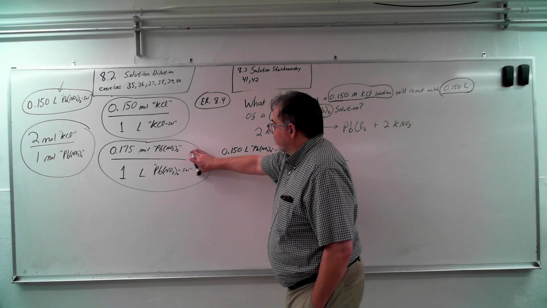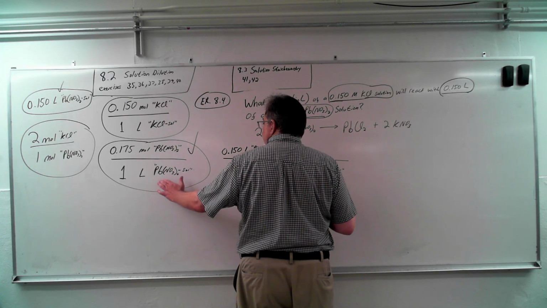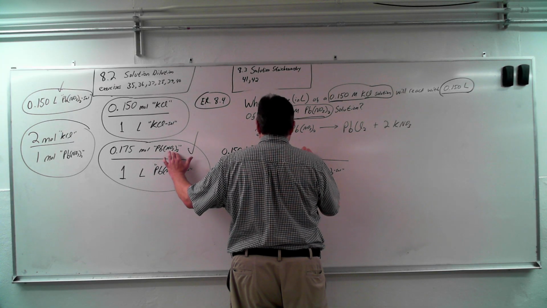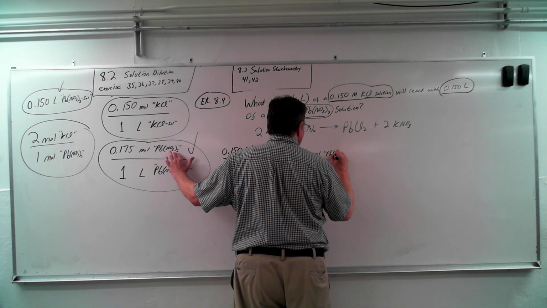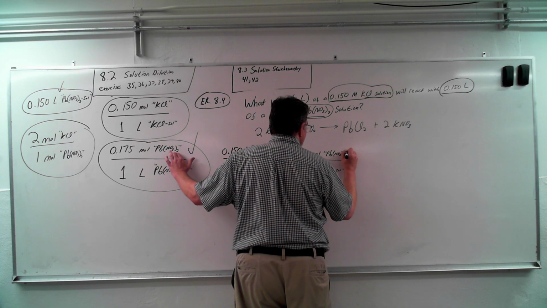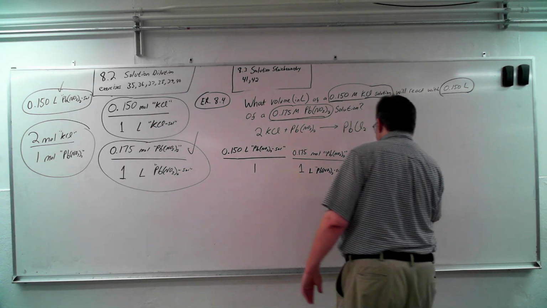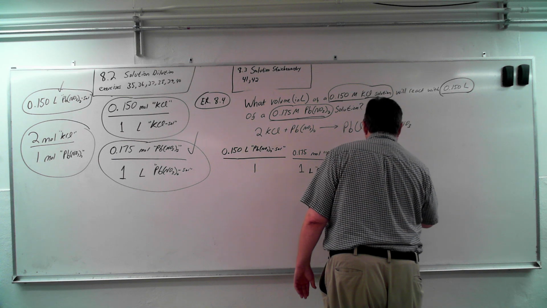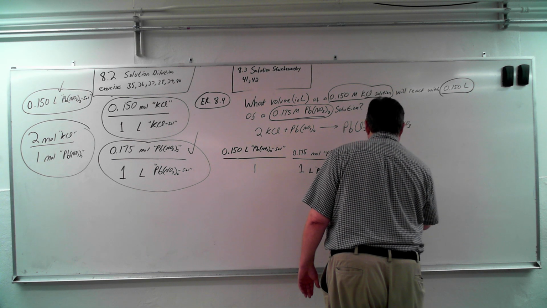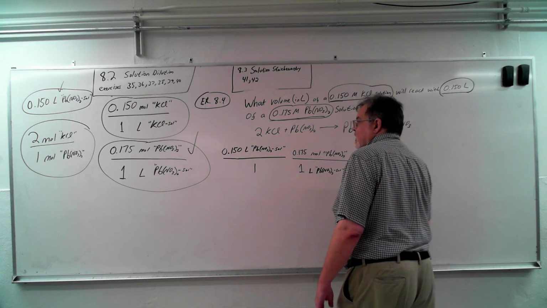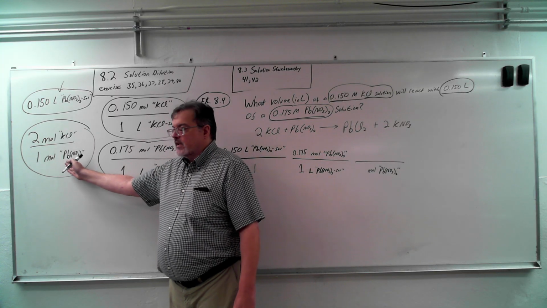That's this one. So this is next. 1 liter of Pb(NO3)2 solution, and up here, we'll use those two. This tells you that moles of Pb(NO3)2 is at the bottom. If you look at what we've got left, only one of these has moles of Pb(NO3)2, and that's here.